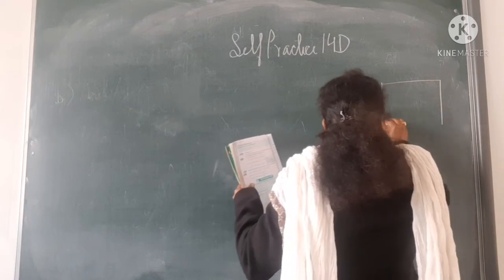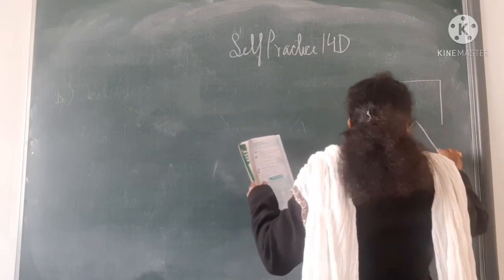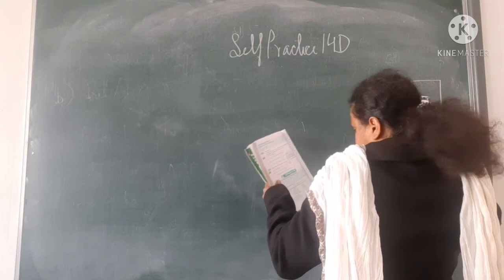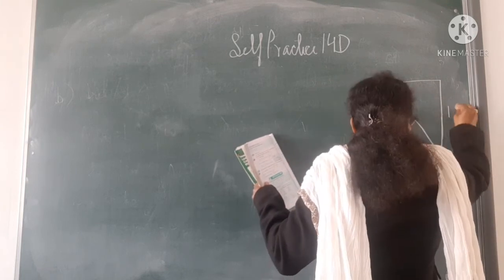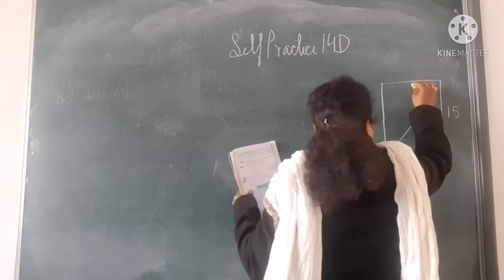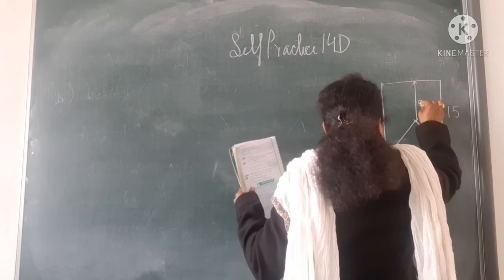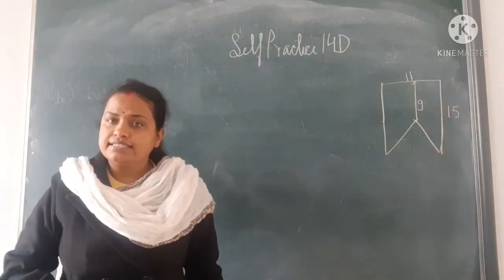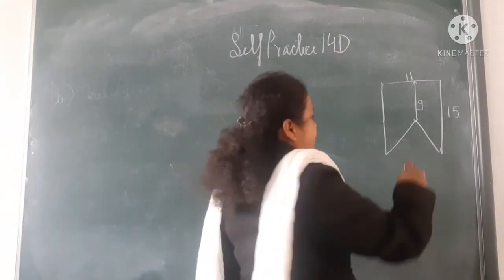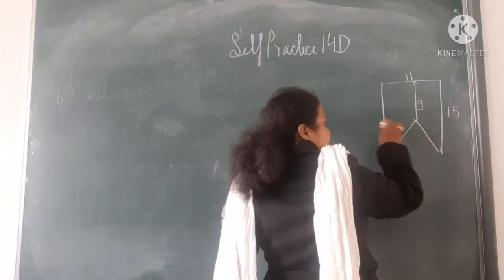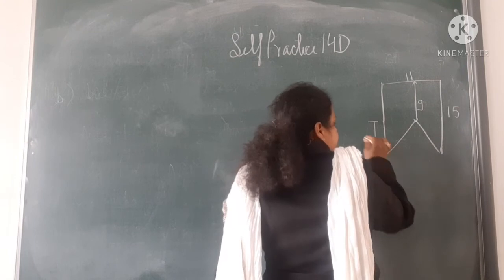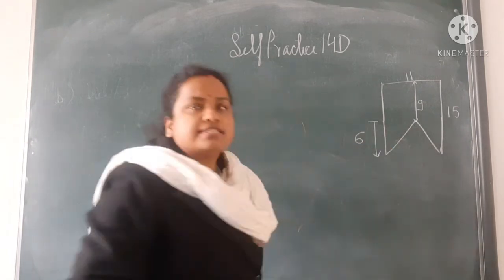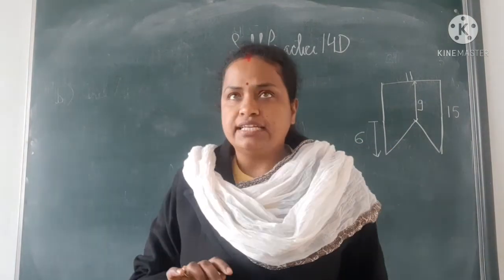It is being made like this, and you may see it here. This is 15 given, this inside part is 9 given, and this is 11 given. It is given like this. Now when from here to here it is 15, then what will be this length? It will be 6, because 9 plus 6 is 15 centimeter.